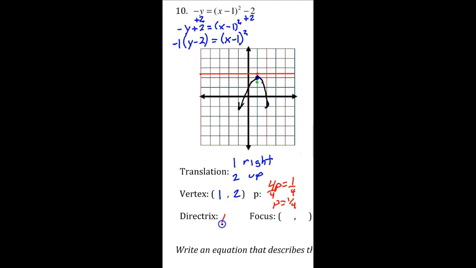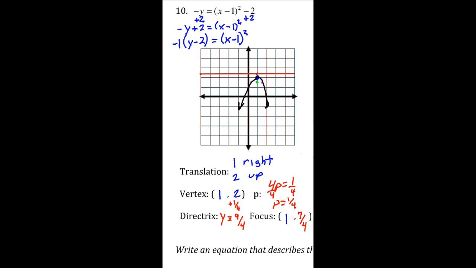Equations will be, okay, the directrix is above, so it's going to be my y-coordinate plus 1/4. So that's going to equal 9/4. And the focus will be 2 minus 1/4. So that'd be 7/4. With the x-coordinate being the same thing, 1, 7/4.